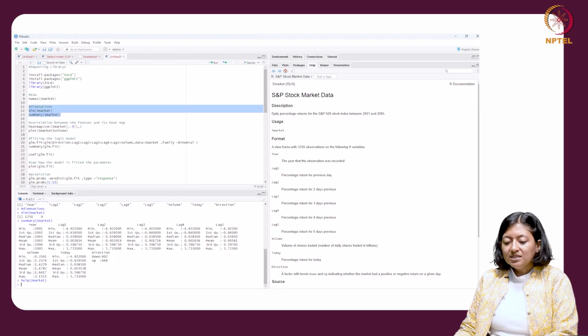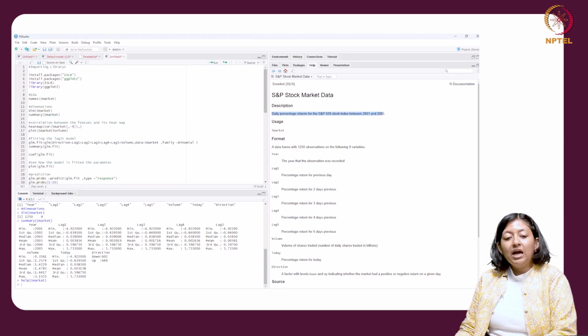So as you can see, this is the data for the daily percentage returns for the S&P 500 stock index between 2001 and 2005. There are quite a few features included in this dataset.